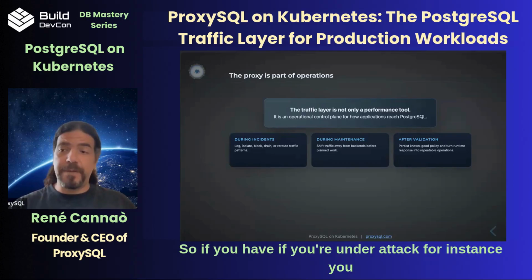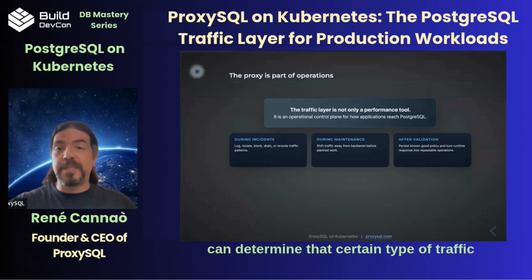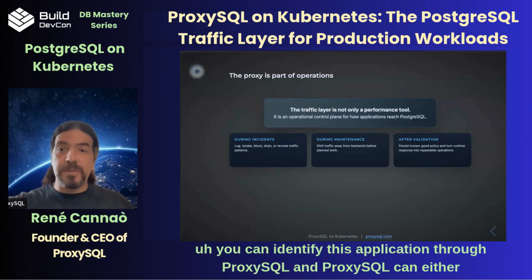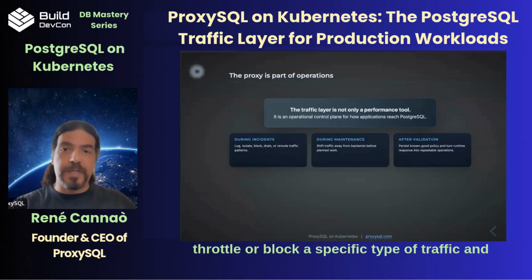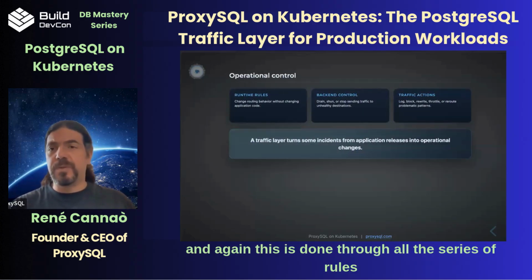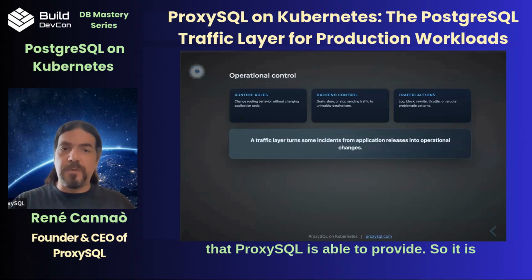So if you're under attack, for instance, you can determine that a certain type of traffic needs to be blocked. Or if you have an abusive application, you can identify this application through ProxySQL, and ProxySQL can either throttle or block a specific type of traffic. And again, this is done through a series of rules that ProxySQL is able to provide.